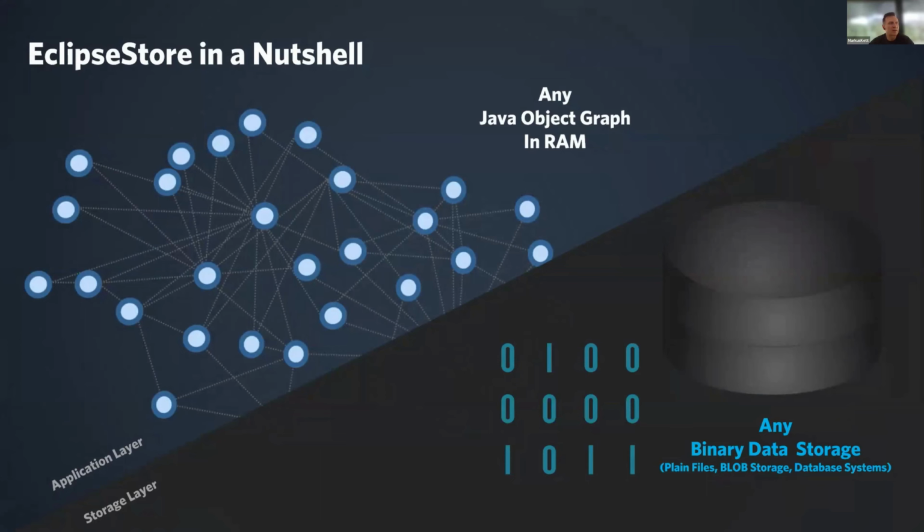The core of EclipseStore is a serialization framework that was written especially for EclipseStore, and it's now also an Eclipse project. It's called Eclipse Serializer, and it generates a binary representation of your object graph.